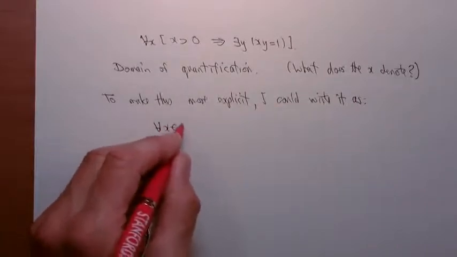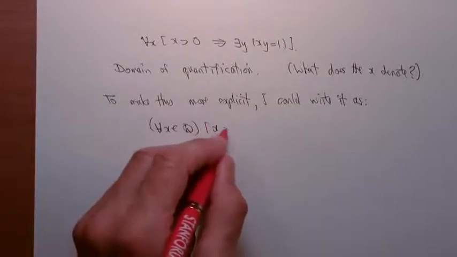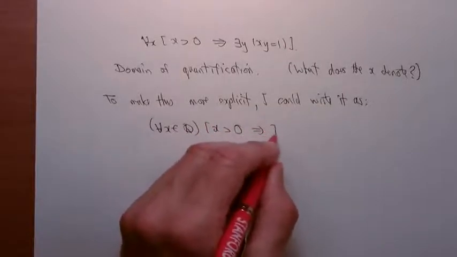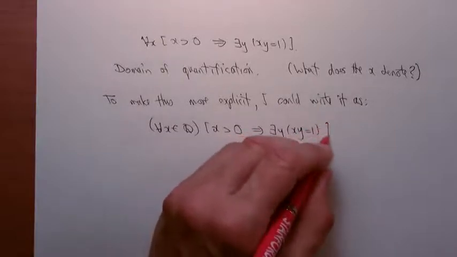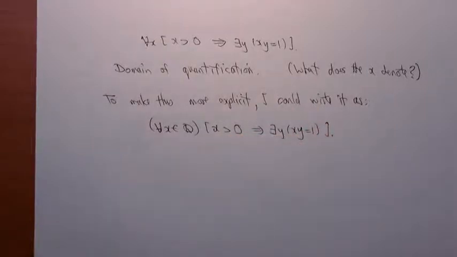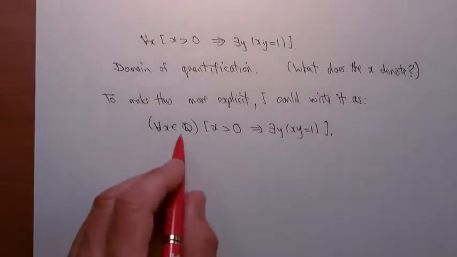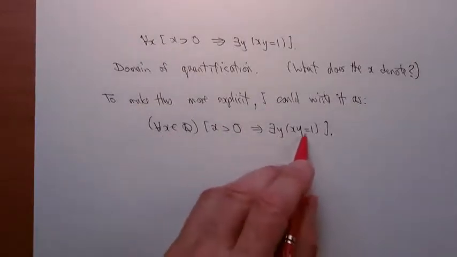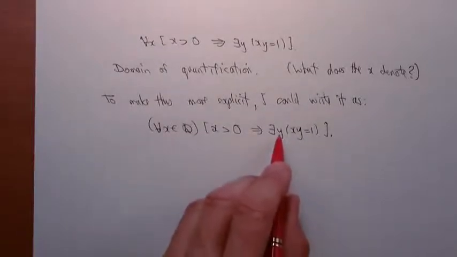To make this more explicit, I could write it as, for all x in the set of rational numbers, if x is positive, then there is a y such that xy equals 1. And now I've got a true statement that's unambiguous. It tells us that for every positive rational, well, wait a minute. I haven't actually been explicit as to what the y is, have I?